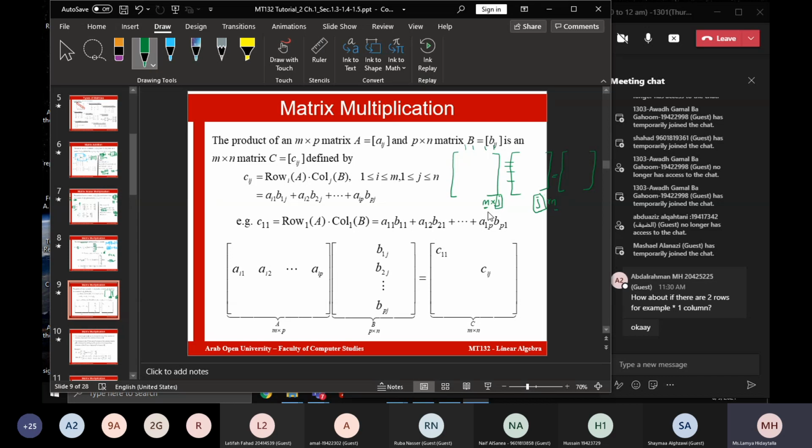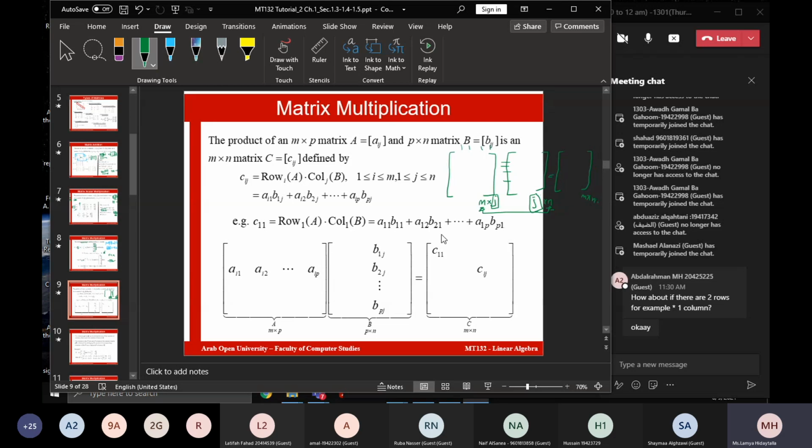But the resultant matrix has dimension M times N. Now how do I do the calculations, how do I do the multiplication? Let's assume this is J and this is J. So they are the same, so multiplication of these two matrices is defined.